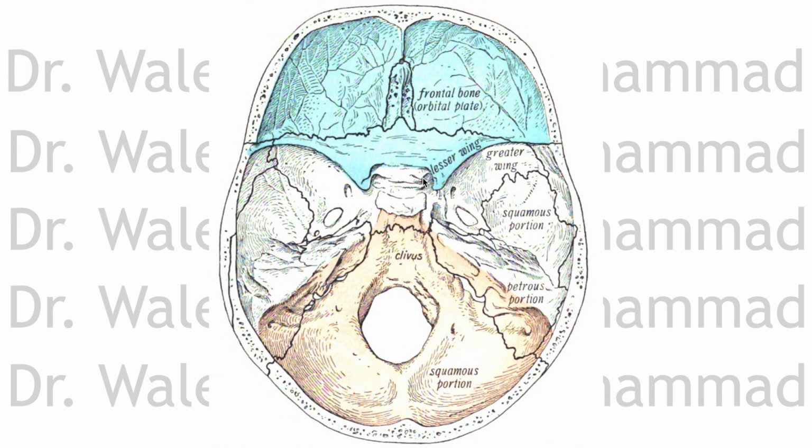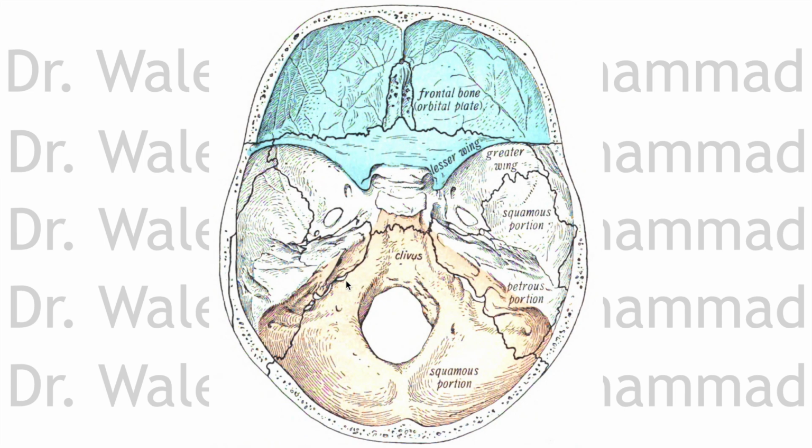So between the anterior clinoid processes and posterior clinoid processes, the pituitary gland lies in its saddle-shaped fossa. This is the middle cranial fossa, which has the temporal lobe of the brain in it. So the frontal lobe is in the anterior cranial fossa and the temporal lobe in the middle cranial fossa.